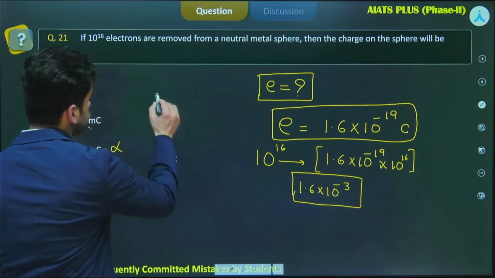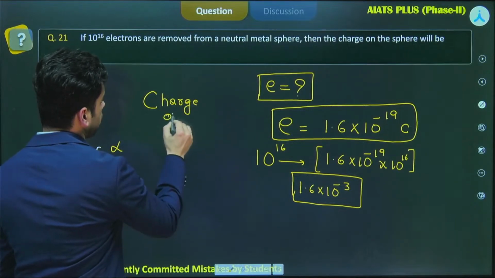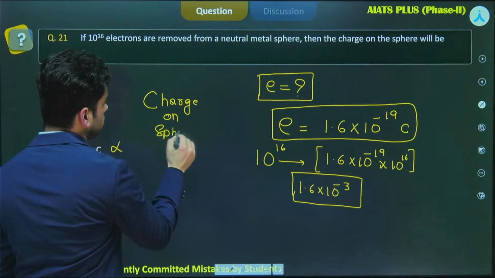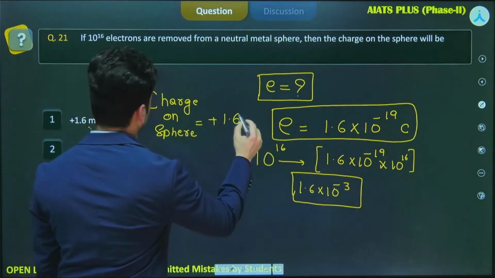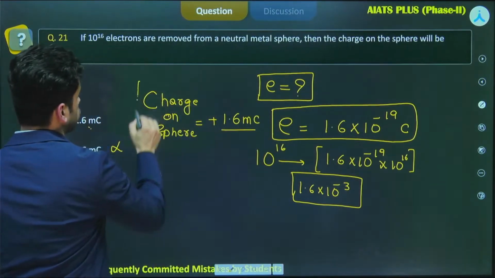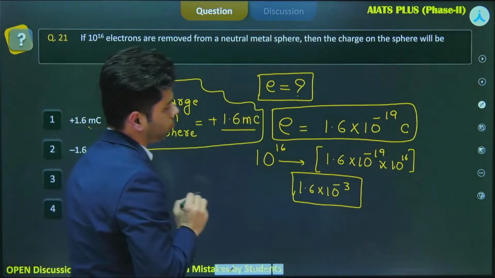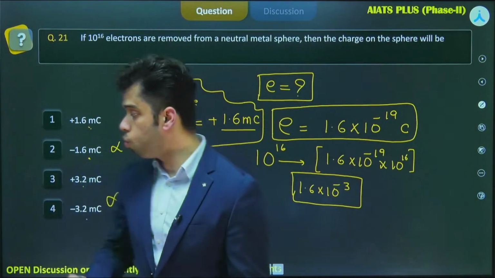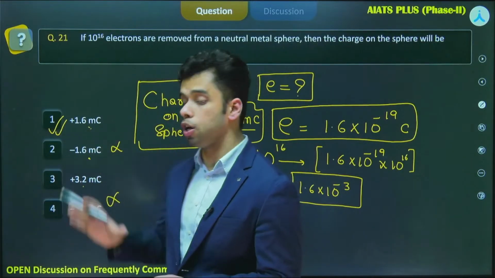That means the charge on the sphere is positive 1.6 millicoulomb. This should be the charge on the sphere. The correct answer to this problem is option 1, that is 1.6 millicoulomb, right?